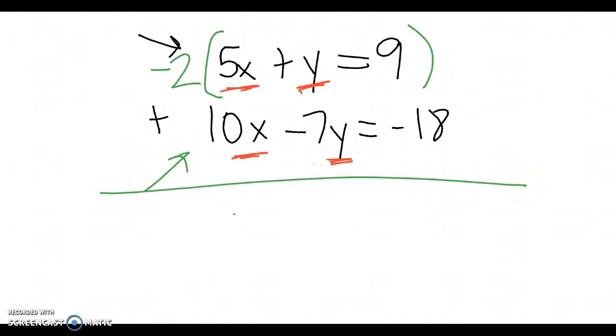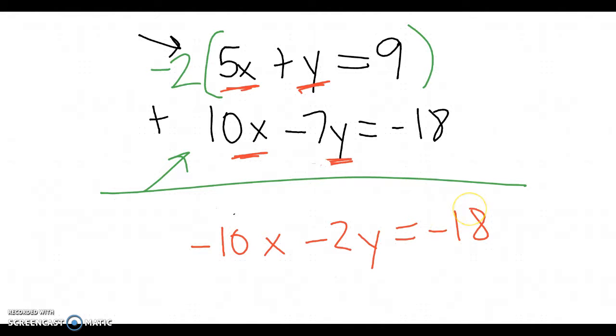So my new top equation would be negative 10x minus 2y is equal to negative 18. Since we didn't need to times my bottom equation by anything, we just write that to be the same.